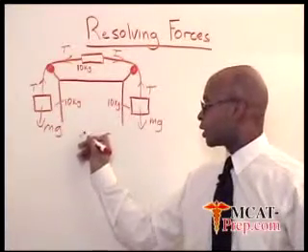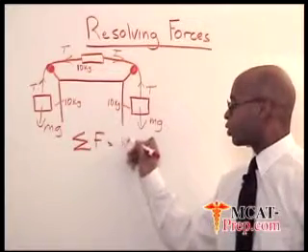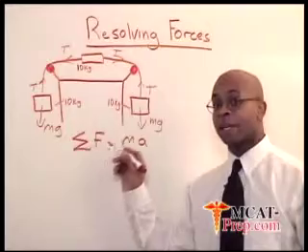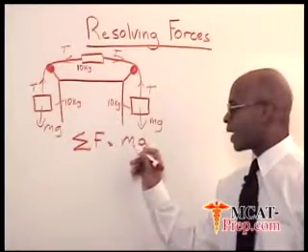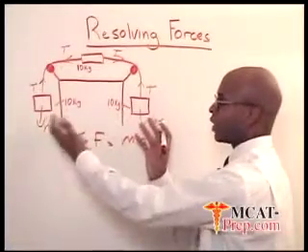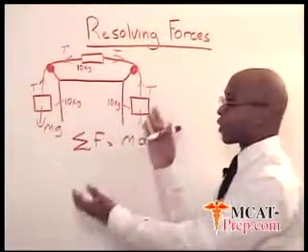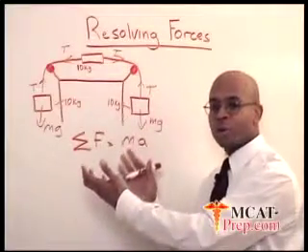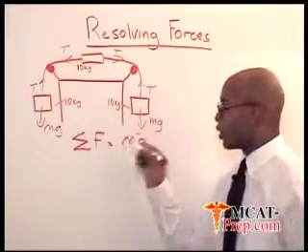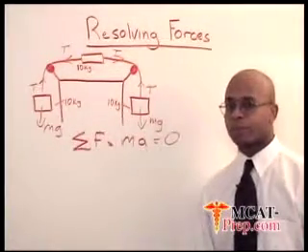Newton's second law suggests that the sum of forces is equal to ma, where the sum of forces experienced by the mass is equal to mass times acceleration. Because this system is balanced, equal amount of weight on both sides, therefore there is no net force. And because there is no net force, we know that the acceleration must be 0.